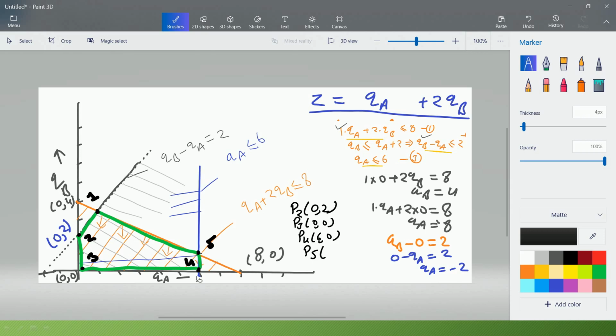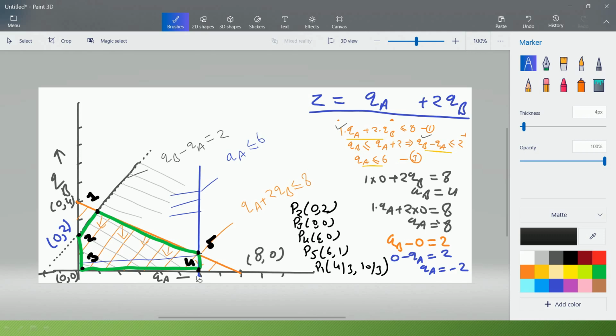So if I put 6 in this line, I will get 2QB equal to 2, which will give QB equal to 1. So here I will get 6 comma 1. Now I am left with P1. So this line is this and this line is this. So if I solve these two equations, I will get 4 by 3 comma 10 by 3. You can solve and check these values.